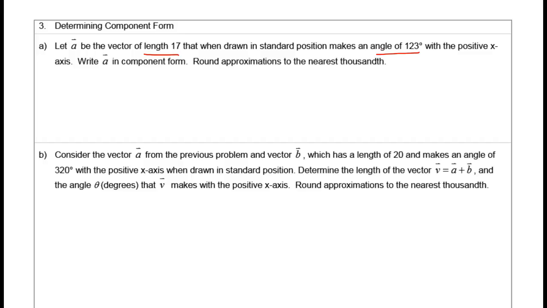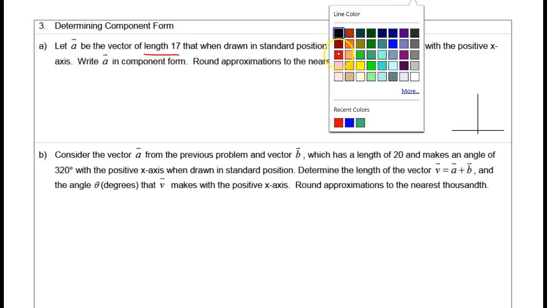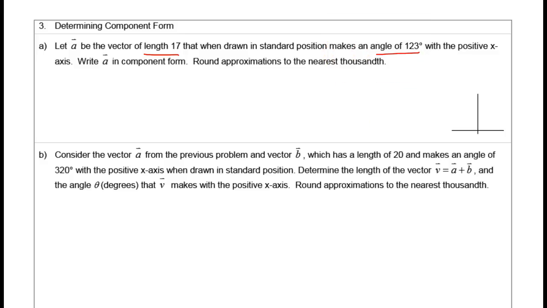So let's go ahead and try and sketch out this vector. You know my opinion, a picture is worth 1,000 words, so I'm going to try and draw this vector. It has a magnitude of 17 and an angle of 123 when drawn in standard position.